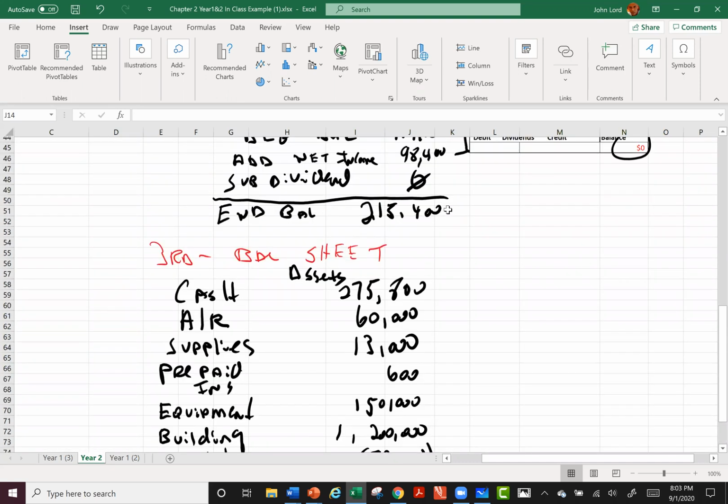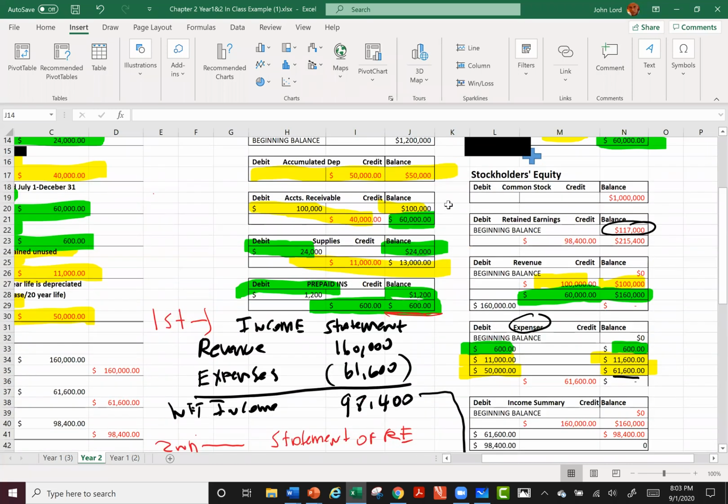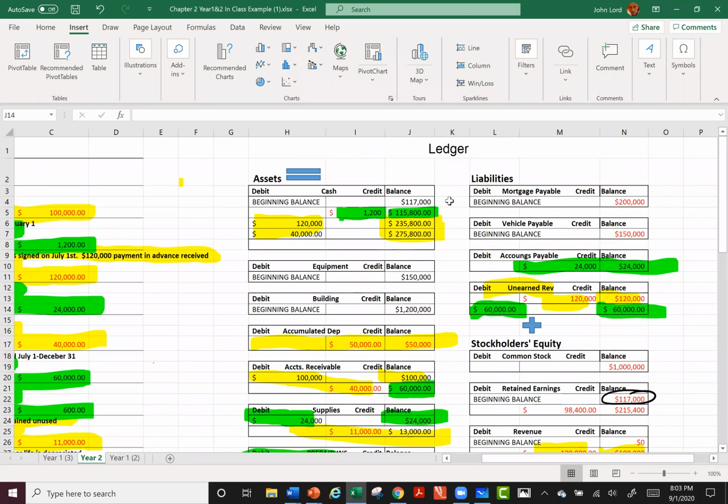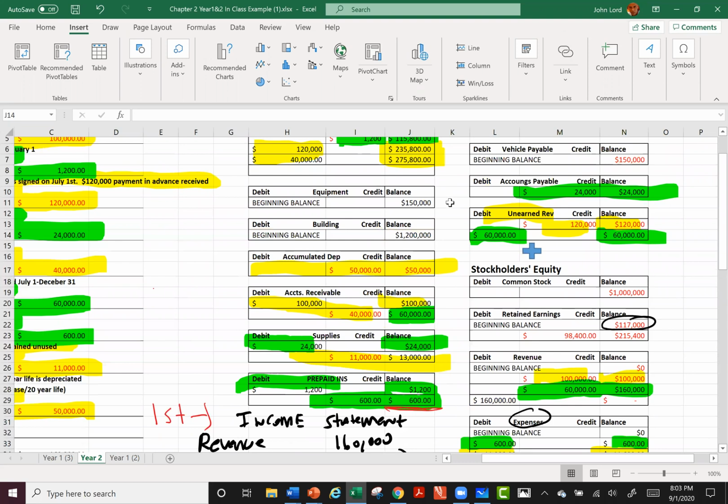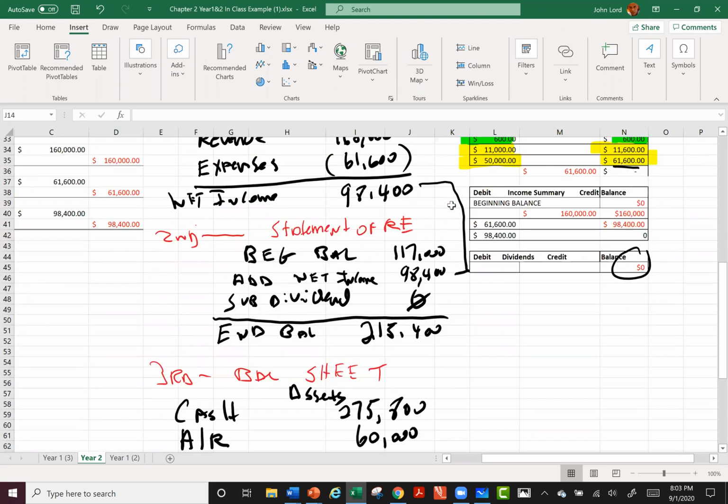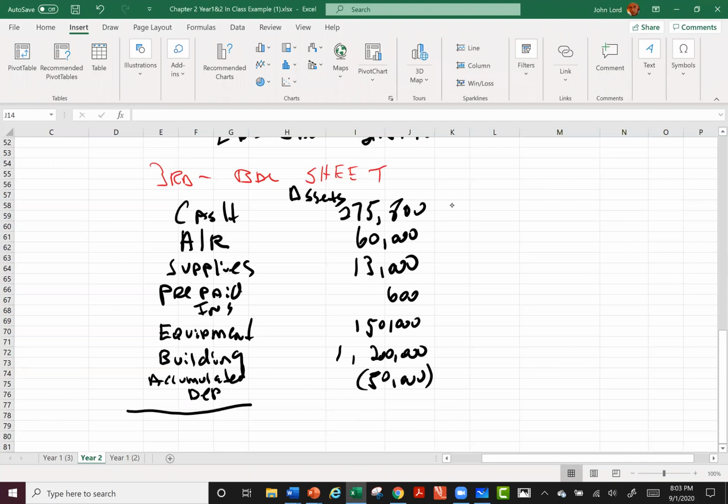Okay, good. Any more assets, contra assets here? I don't think so, right? I think we got them all. So now I'm going to ask you to use your calculator to give me my total assets. $275,800 plus 60 plus 13 plus 6 plus 150 plus 1.2 million minus 50,000.